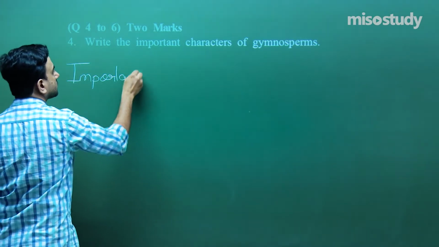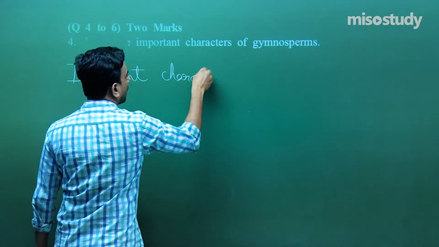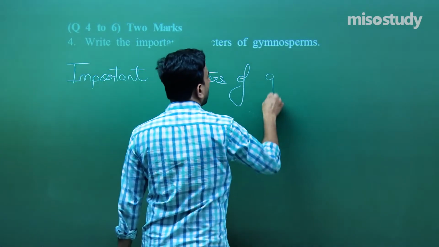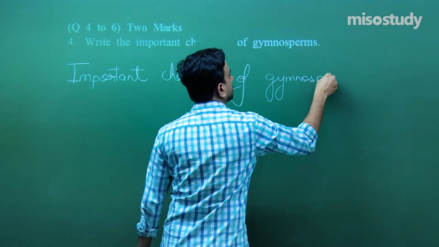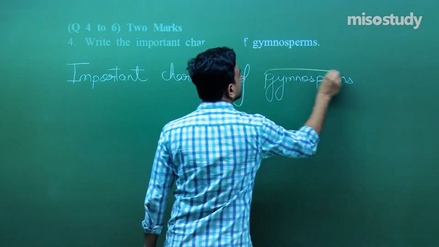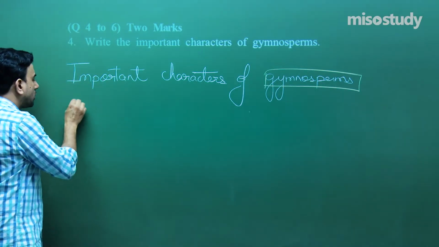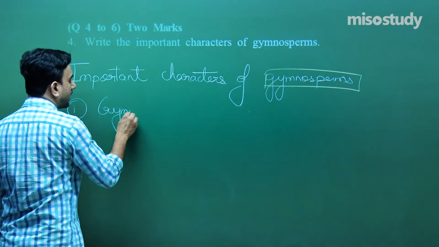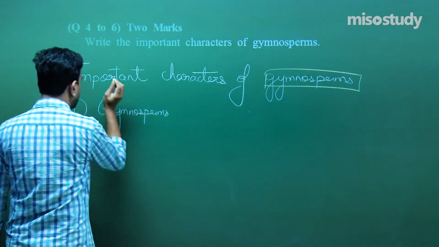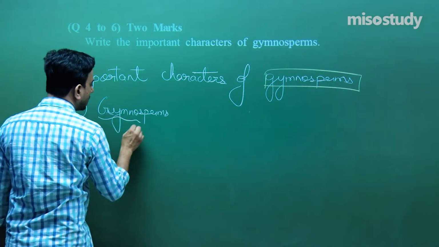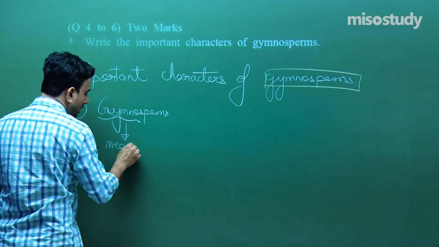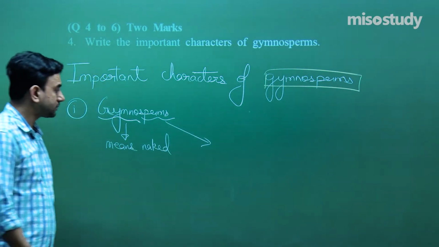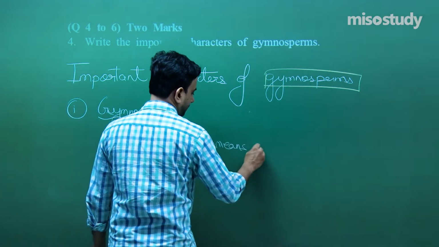When we are talking about the gymnosperms, the word gymnos means naked, and the word sperms means seeds.